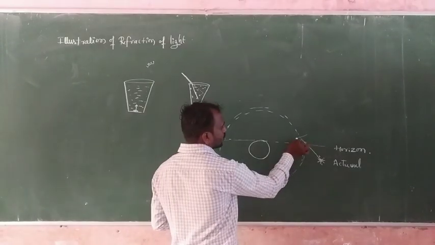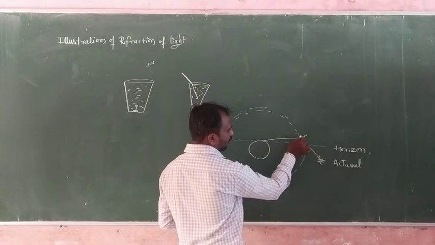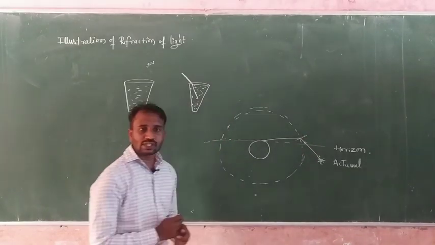Then what happens? The light rays bend towards the normal.